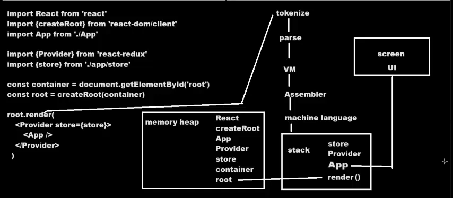And all that you see here is the memory heap: React, createRoot, app, provider, store. A function must be in the memory heap at first. It must be defined, must be declared, because calling a function is impossible if there is no function in the memory heap. When we call a function, it means that the function declaration exists in the memory heap, and every time we call a function it must go to the stack.